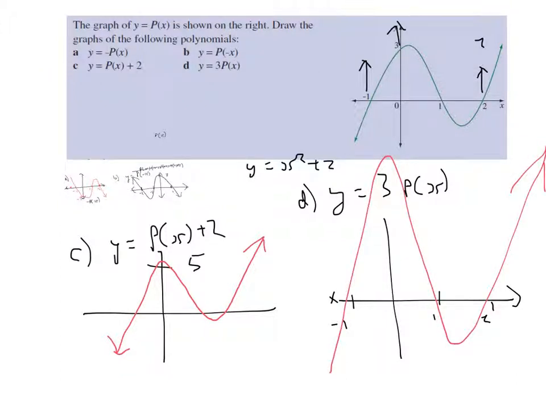It is all more dramatic. This distance down here goes 3 times deeper than it did originally. If I was actually to draw it, it would look a bit more like that. It's going to cross over the axis at 9, because it's 3 times as big. And that's it.